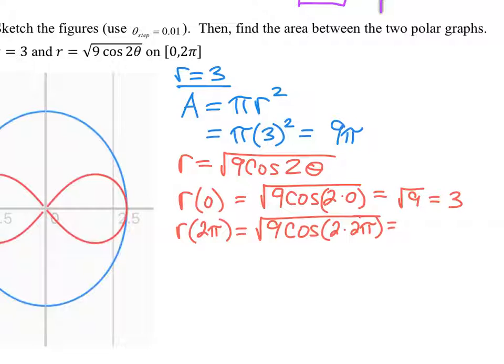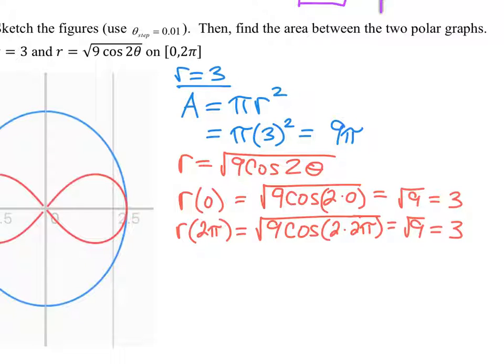All right. 9 cosine of 4 pi, cosine of 4 pi is at the same location, so it would give the same value. So this is actually going to be the same exact thing. The square root of 9 equals 3. Both of these are calculator friendly.